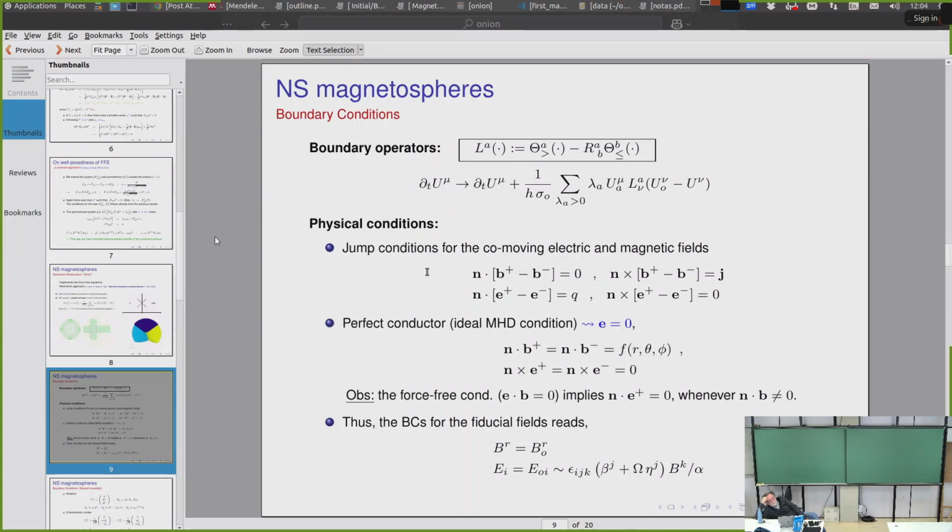And the only freedom these jump conditions allow is the surface charge and surface currents that could be induced in the jump surface, in the conductor.